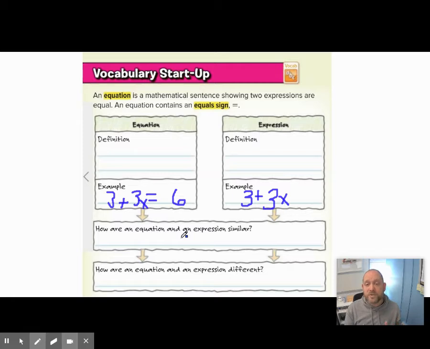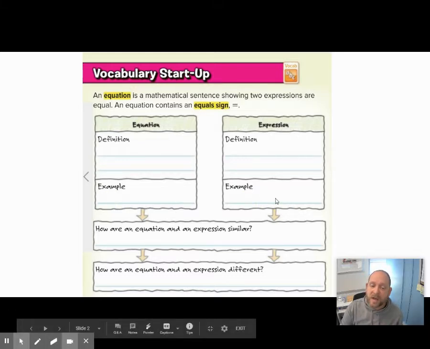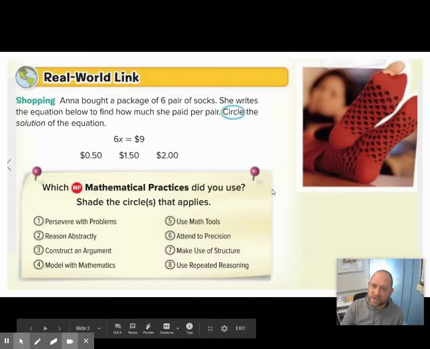Well, they both show situations from the real world using mathematical language, using numbers, operators, and sometimes variables. But they're different because an equation is showing how two expressions are equal. The expression is just one side of that equation. So there you go. I hope that gives you a little better understanding of the difference when we use these two terms, equation and expression.